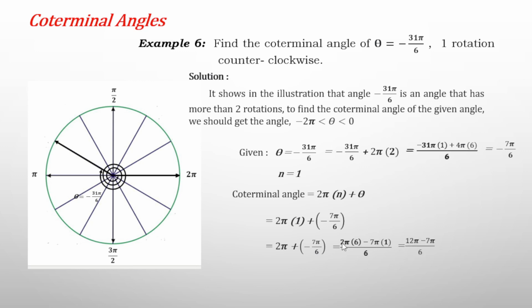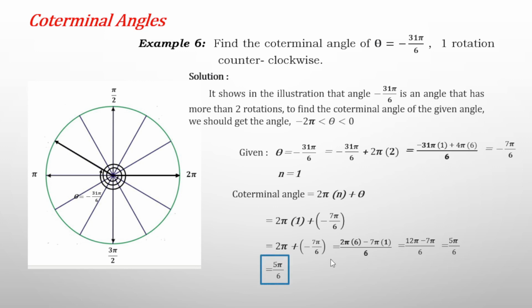So as we update now, 2 pi times 6 is equal to 12 pi. And negative 7 pi times 1 is negative 7 pi. So if we subtract 7 pi from 12 pi, that becomes 5 pi over 6.